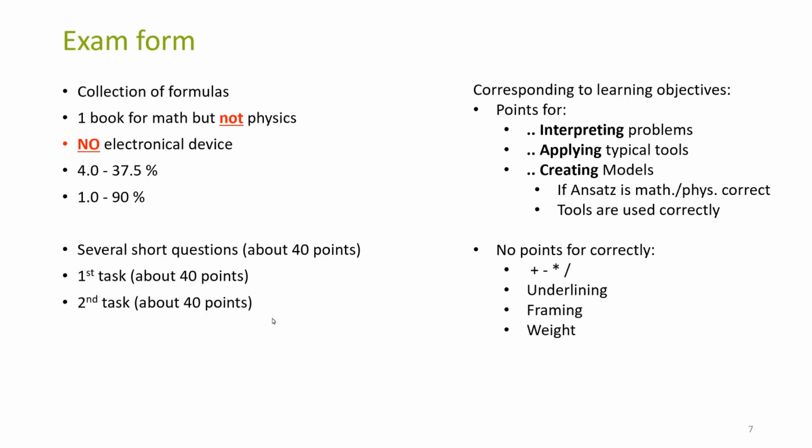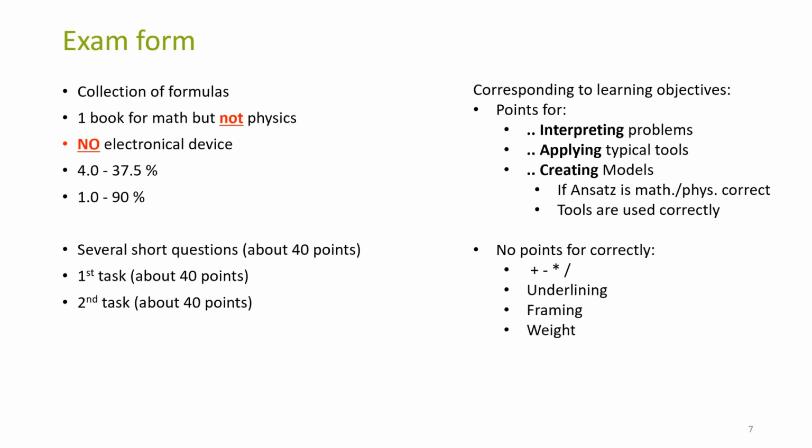Now, of course, corresponding to the learning objectives, you get the points for interpreting problems, applying typical tools, or creating models. So, of course, only if the ansatz for those mathematical and physical models is correct, and if the tools are used correctly.